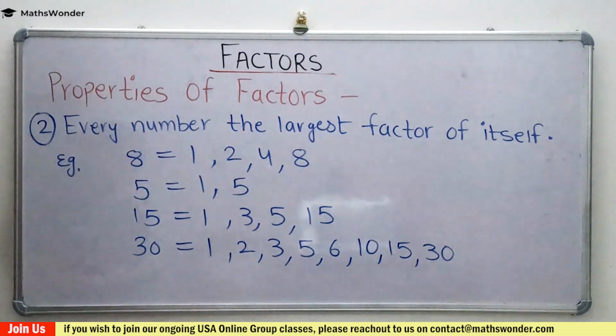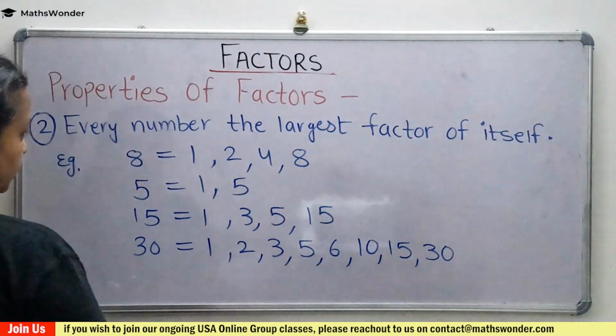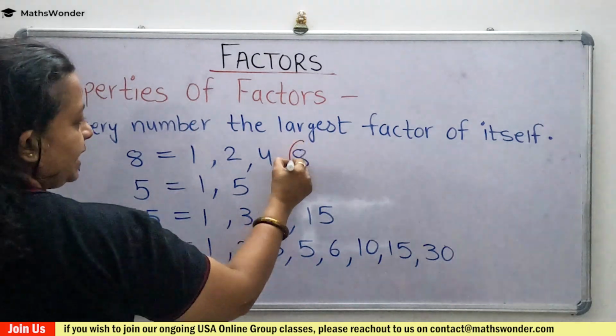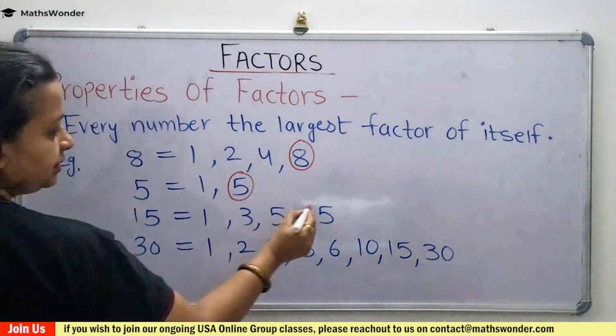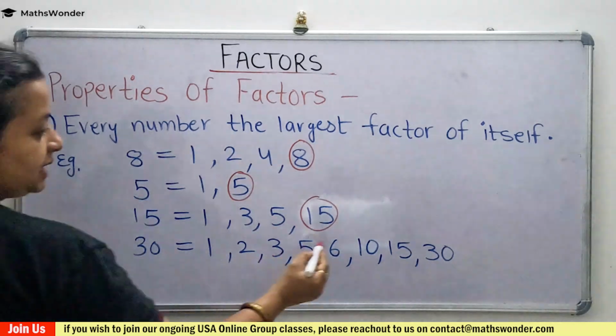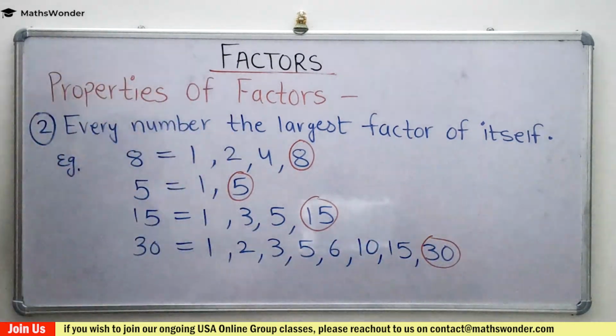See, in every question you will see that 8 will be the largest factor, in 5, 5 will be the largest factor, 15 will be the largest factor, and 30 is the largest factor. So it means 15 times 1, and 15 is the largest factor which can fit into 15.